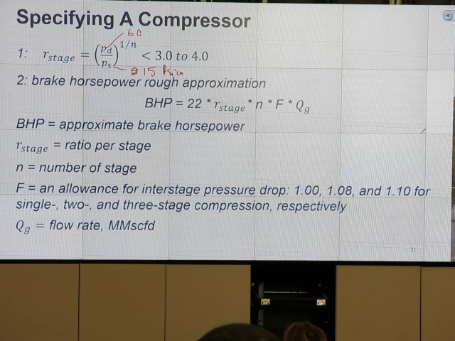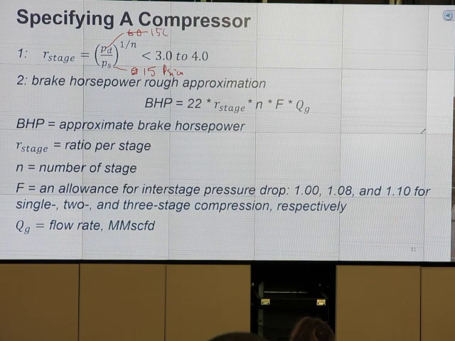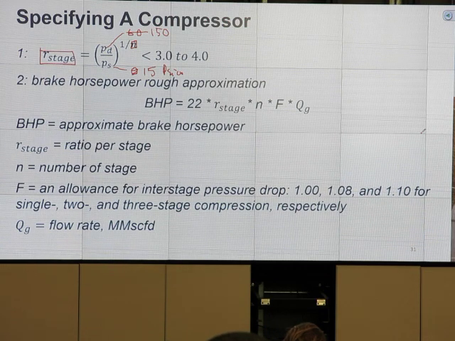Then I can do what? 1 stage, right? But if this is 150, what do? You put the number of n over there. You put the compression ratio per stage equal to 4. Okay? And how many stages do we need?